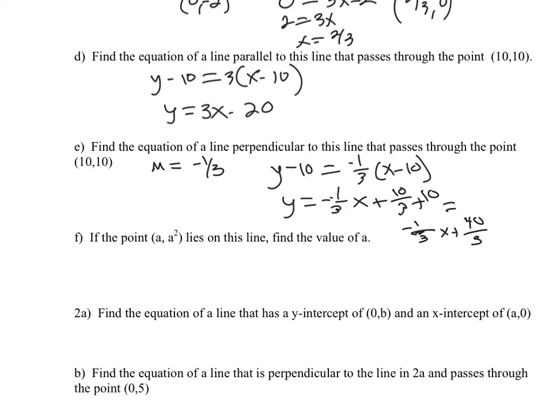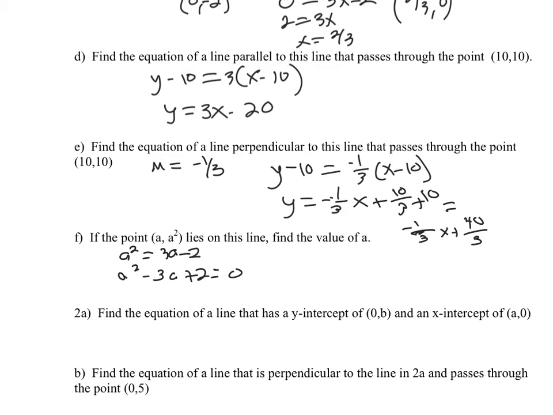If the point (a, a squared) lies on this line, find the value of a. So that means that since y is equal to 3x minus 2, we get that a squared is equal to 3a minus 2, which means a squared minus 3a plus 2 equals 0.